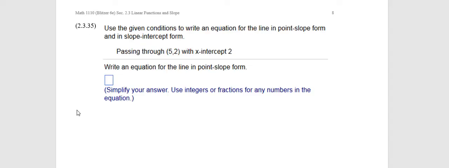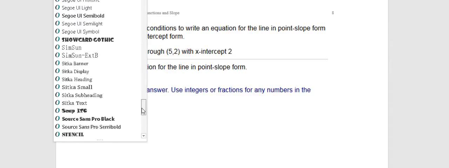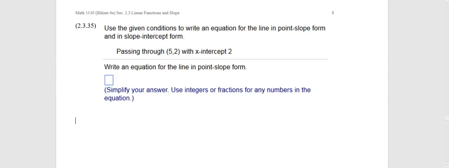All right, now I want to use the fact that this new line for number 35 passes through the point 5, 2 and has an x-intercept of 2. So I want to use that to find the point slope and the slope-intercept form of the line equations. The line's x-intercept is 2, which means that 2, 0 is a point on the line.